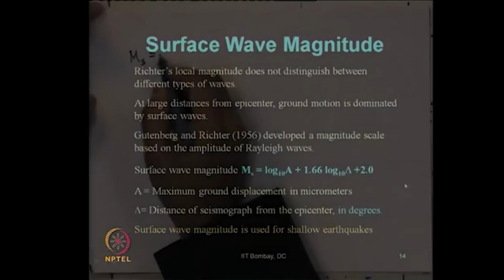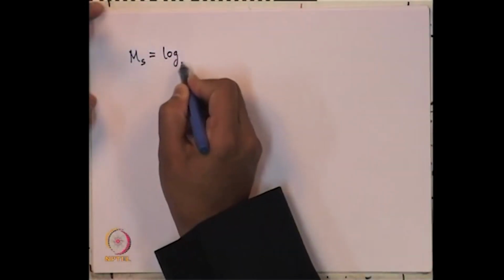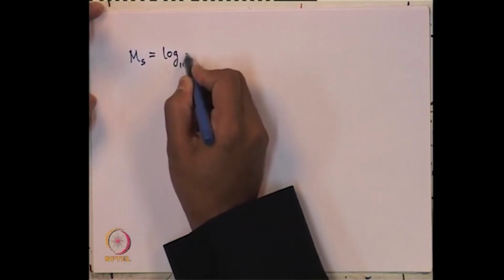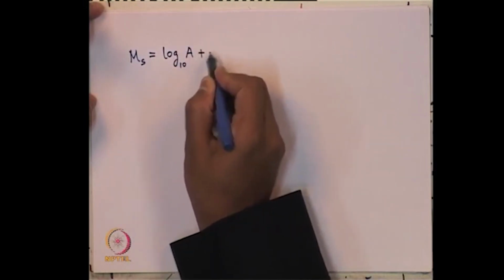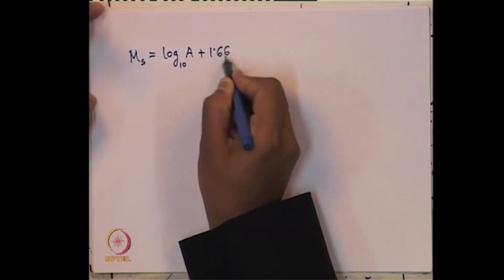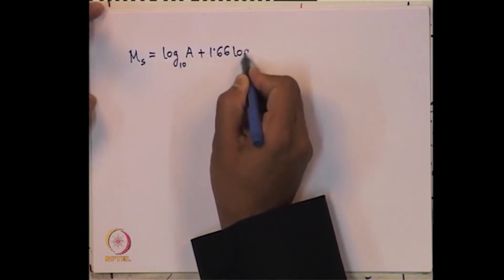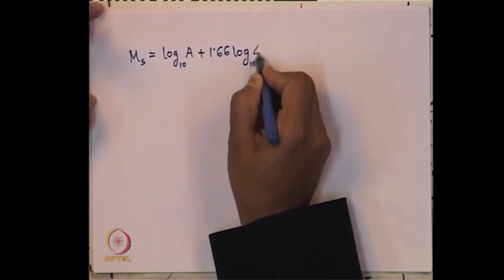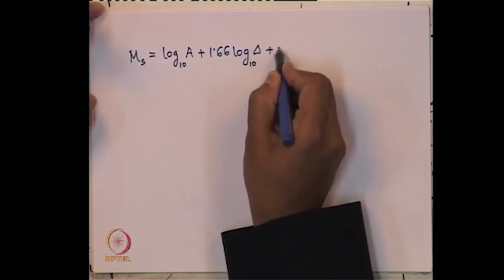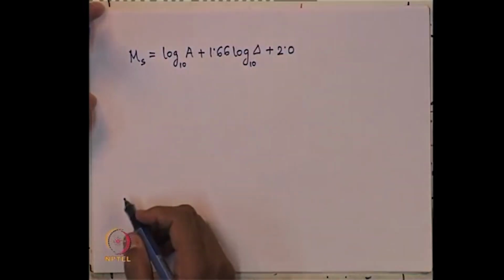So, Ms is log to the base 10 A plus 1.66 log to the base 10 delta plus the numeric value 2.